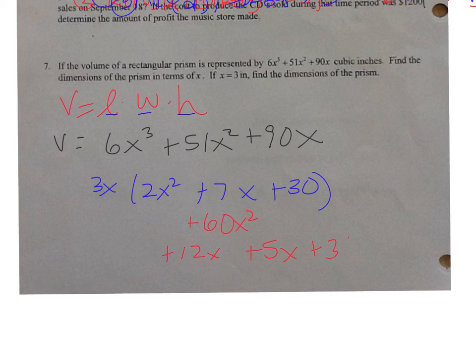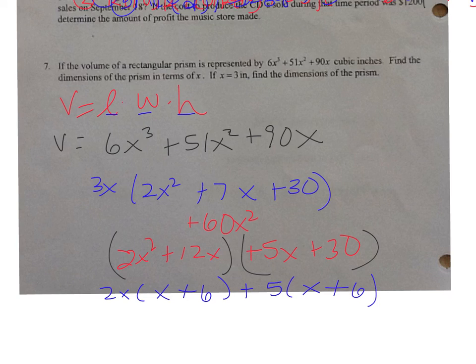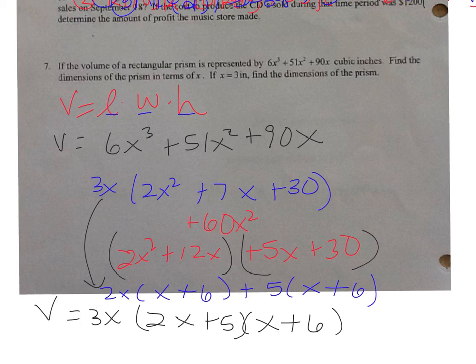So I bring down the 30 and the 2x squared, and now I'm going to factor by grouping. The GCF of the first group is 2x times x plus 6. And then I have a plus, and the GCF is 5 times x plus 6. So my factors are going to be 2x plus 5 and x plus 6. And then I'm going to bring down the 3x, and that's my volume.